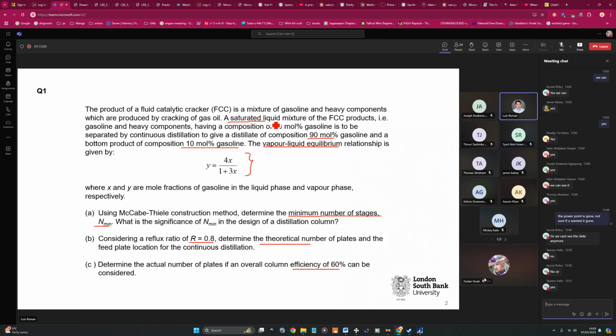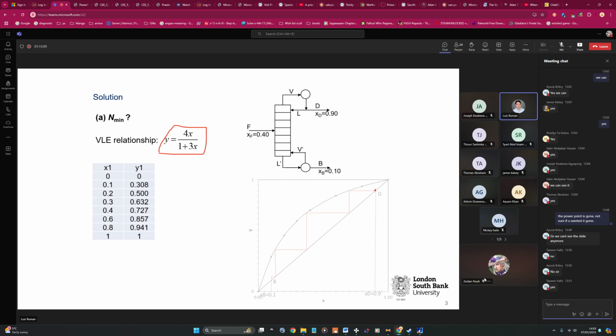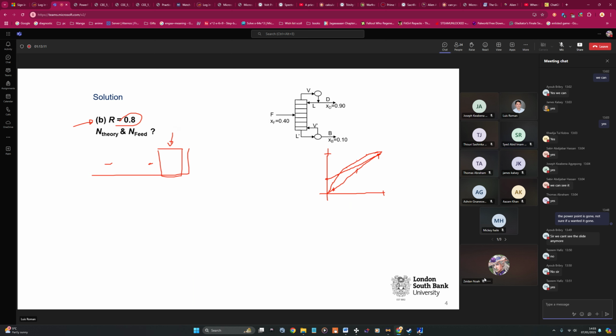In this case, we have a saturated liquid mixture in the feed. So that means that our feed line is a vertical line, a nice vertical line, straight. So then we can draw our stripping operating line by joining those 2 points.